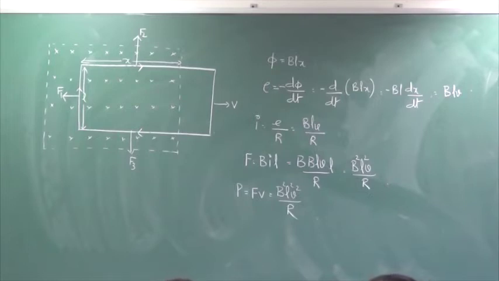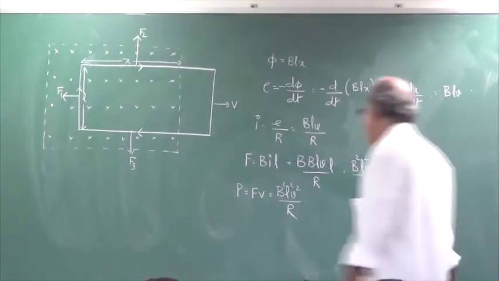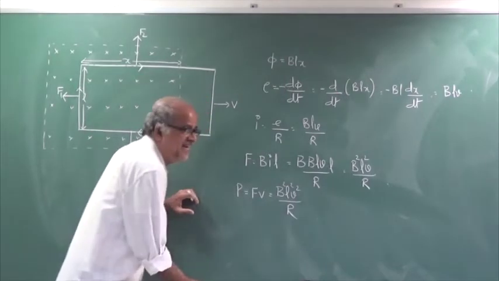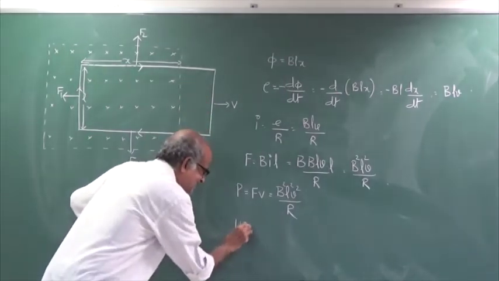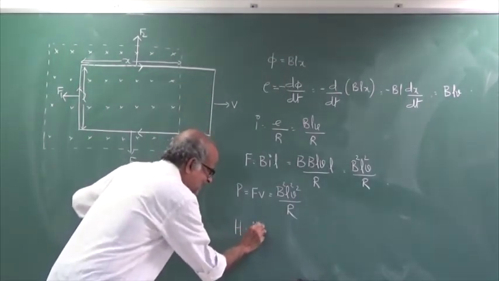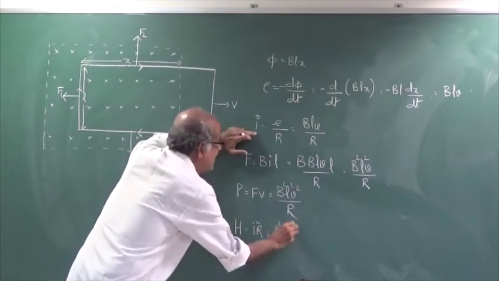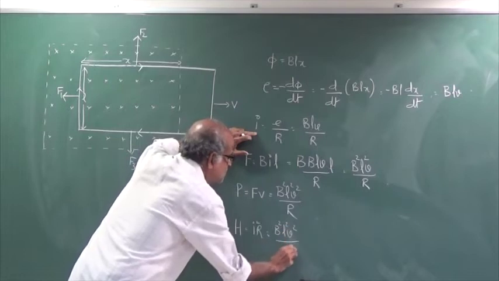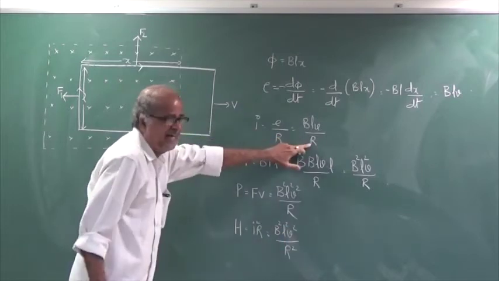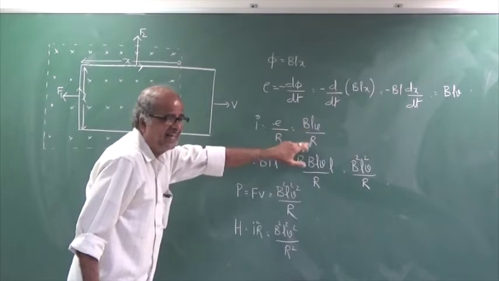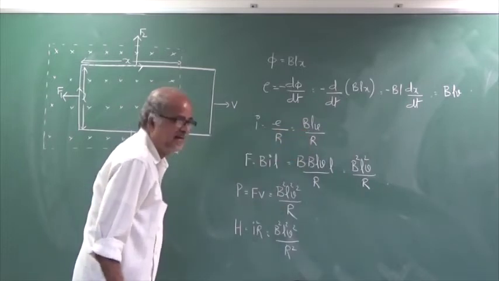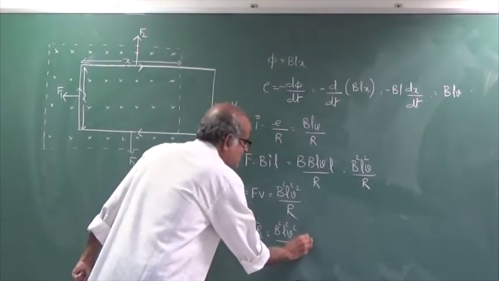This energy is converted into electrical energy. From electrical energy you get heat energy. How much is the heat energy released? I squared R, which is B squared L squared V squared by R squared into R.